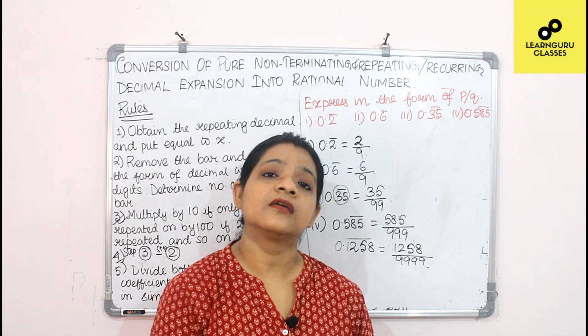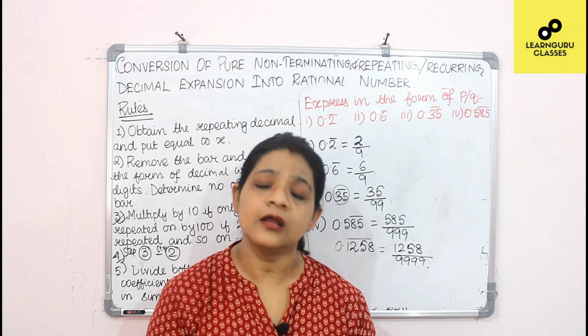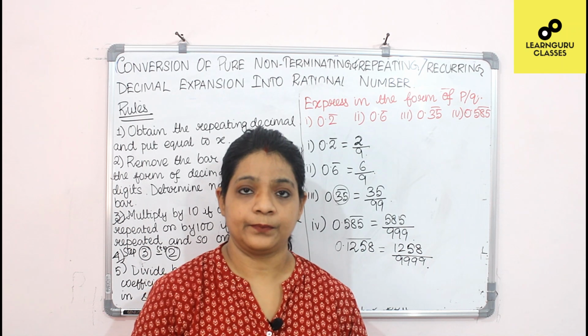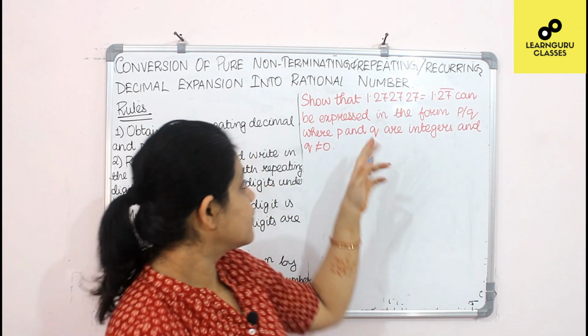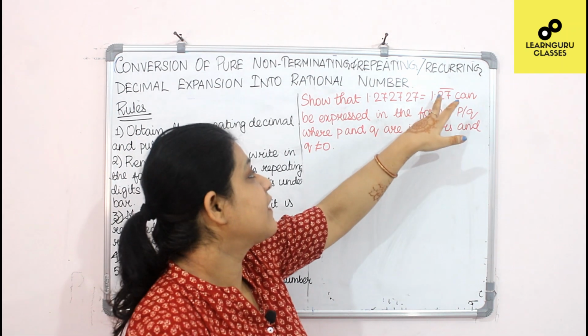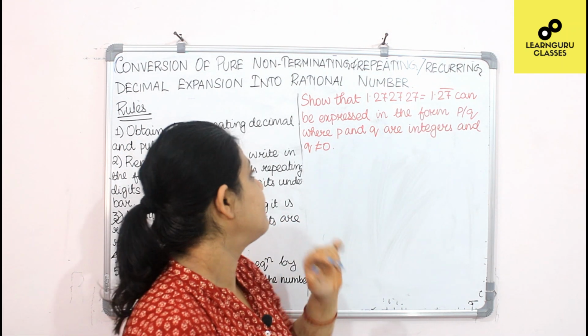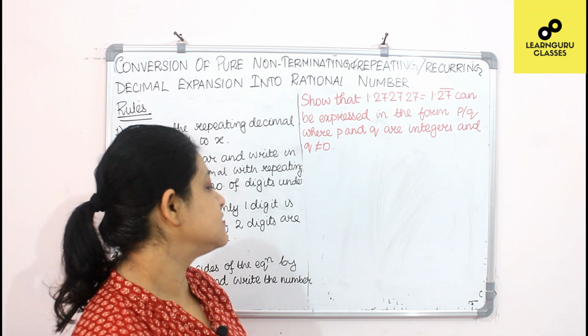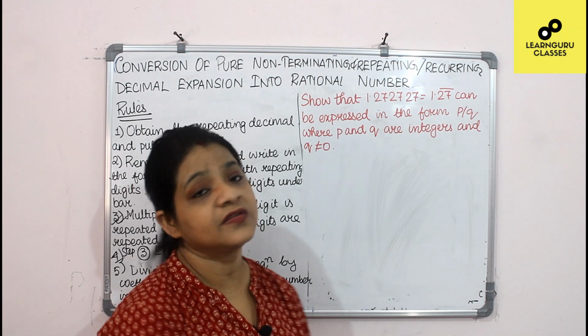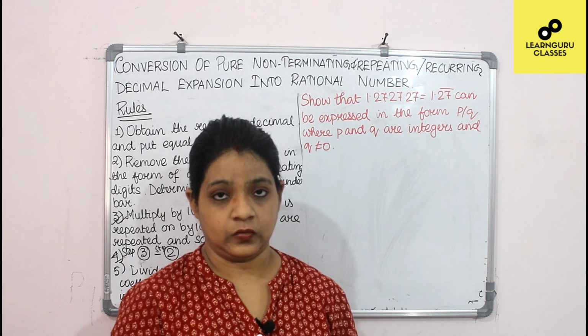Okay, so to make your concepts more clear, let us take another example and solve the sum. The next question is, show that 1.2727, which can be written as 1.27 bar, can be expressed in the form of P by Q, where P and Q are integers and Q not equal to 0.